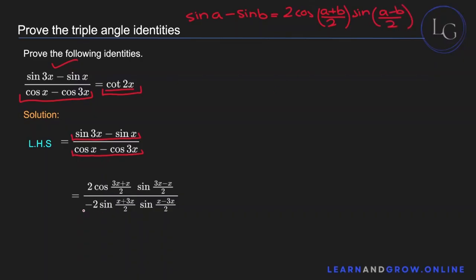And similarly, for the denominator, cos x minus cos 3x, you apply the same logic, right? And you get this. And now, further, you can just cancel out this 2 and this 2 and simplify whatever is inside the functions, right?